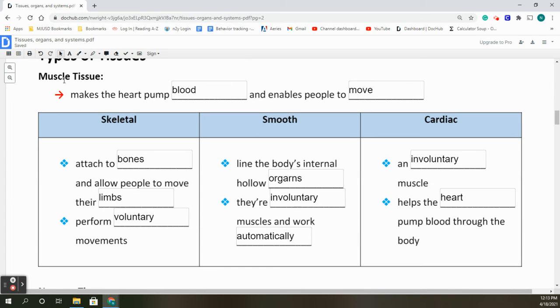Tissue types. Muscle tissue makes the heart pump blood and enables people to move. Skeletal muscle is attached to bones and allows people to move their limbs. They perform voluntary movements. Smooth muscle tissue lines the body's internal hollow organs.